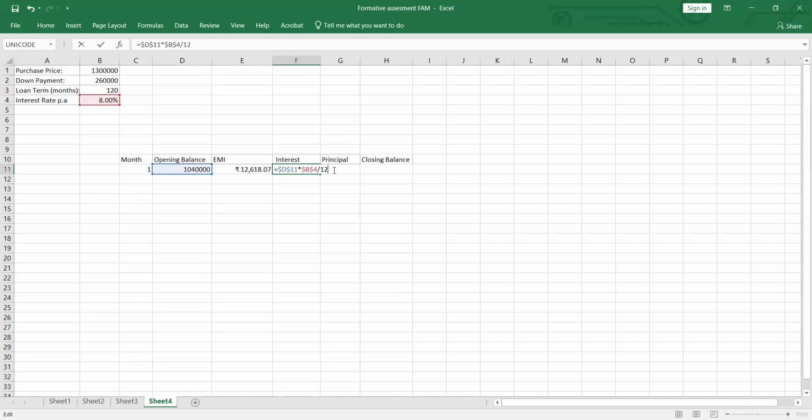I didn't divide by 12. This is my interest. Principal is this minus this. Closing balance is this minus this. So this is my closing balance.